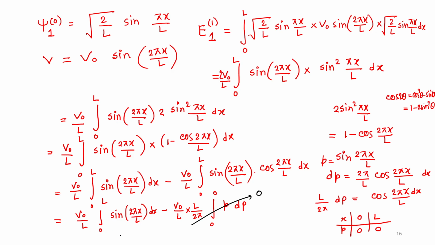And what about the second part? My hint says that it is also going to be 0, because it is a sine function and we are doing it for a full period, right? V0 by L, integral from 0 to L of sine 2 pi x by L dx.